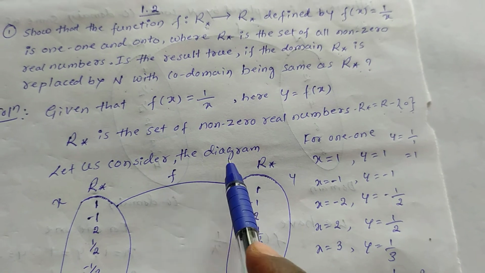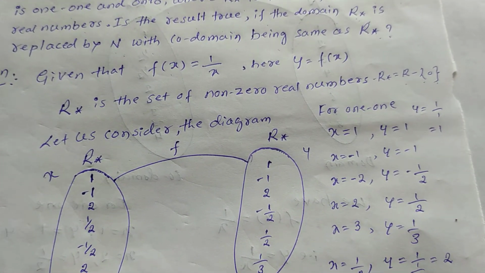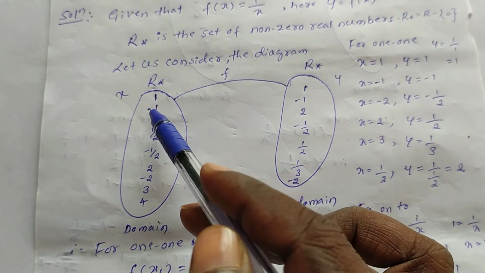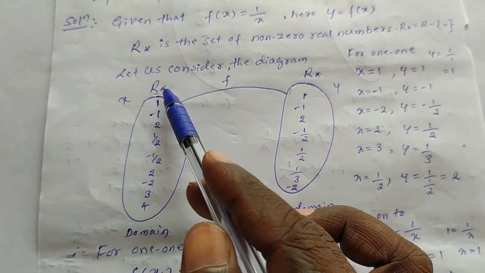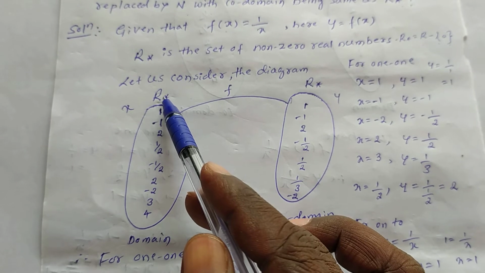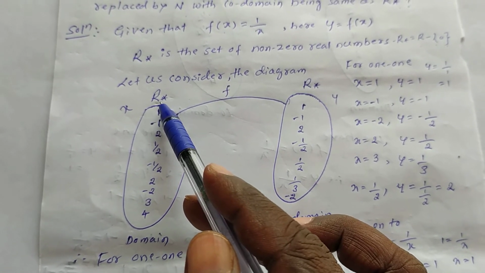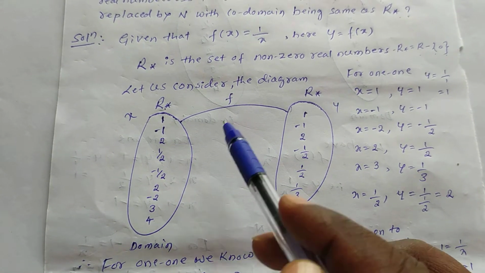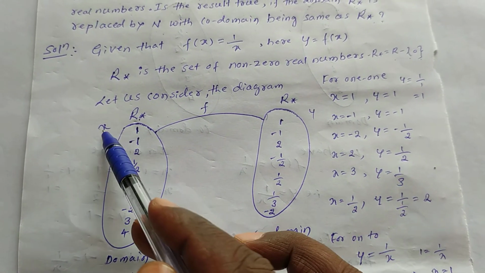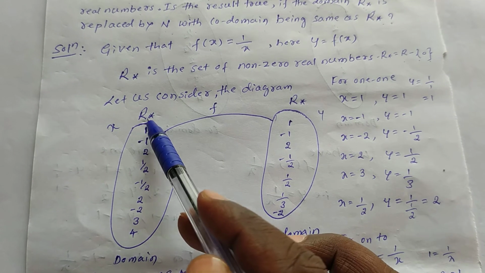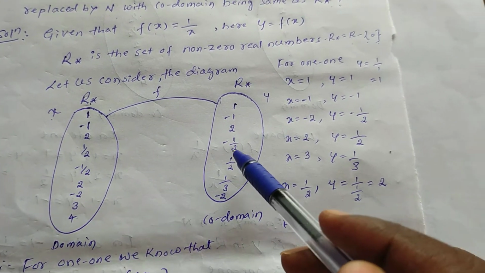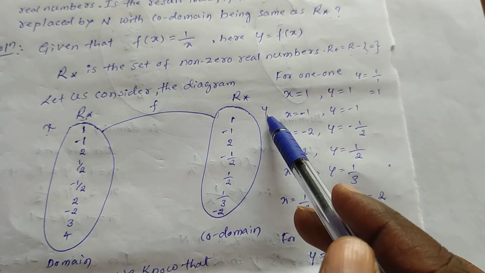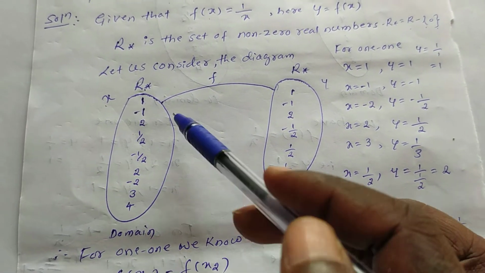Let us consider the diagram here, a graphical representation. So here it is the domain. The elements belong to this domain R star, because it is already given that R star is the set. So we are going to operate the function on R star in the domain as well as in the codomain. Here the elements belonging to domain R star are x, and the elements belonging to codomain R star are y.